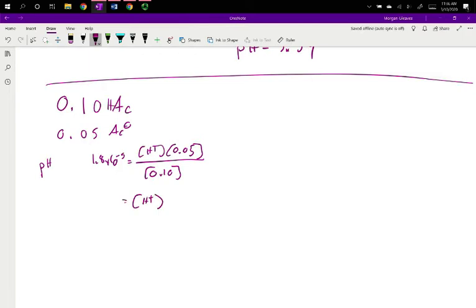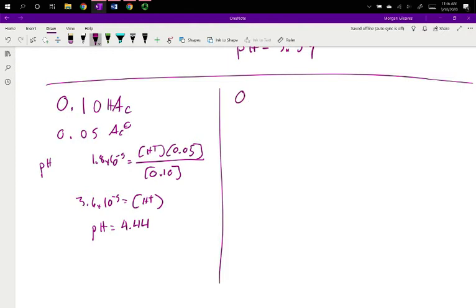H+ in that case, 1.8 times 10 to the minus 5 times 0.1 divided by 0.05. 3.6 times 10 to the minus 5, negative log of that. pH is 4.44.